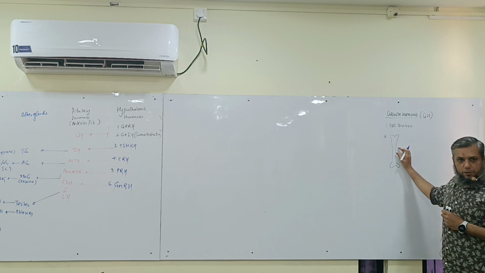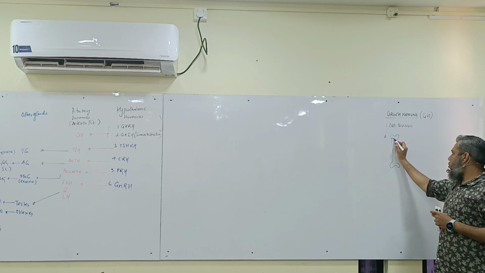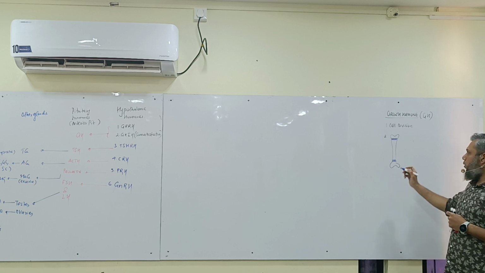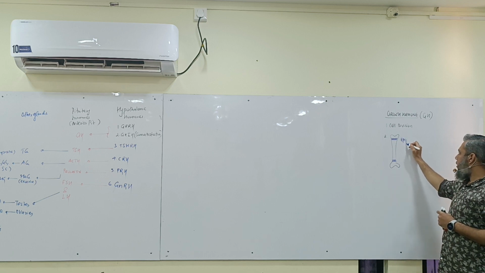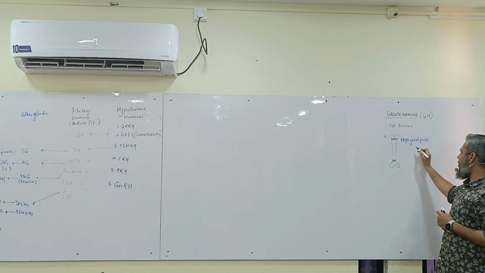And the middle shaft is called the diaphysis. It shows the presence of a cartilage. What is this cartilage called? Epiphyseal cartilage or the epiphyseal plate.